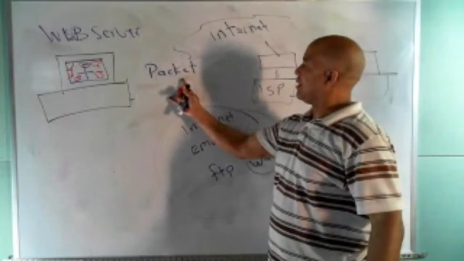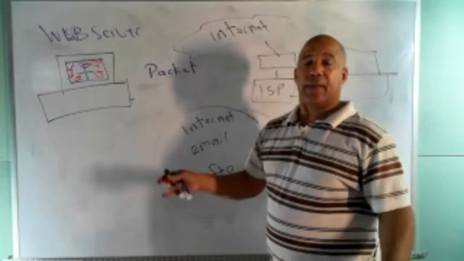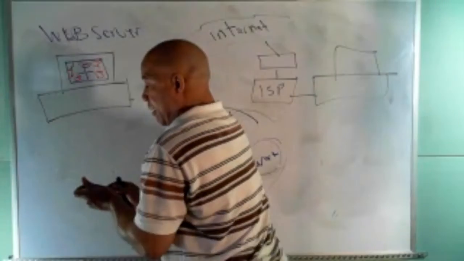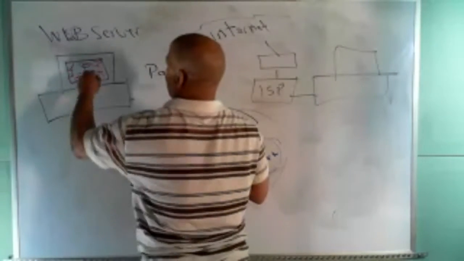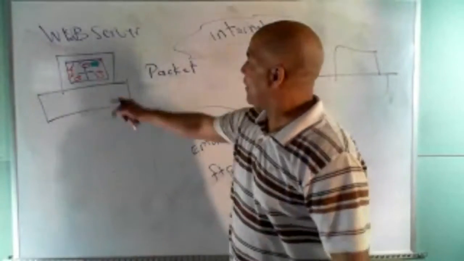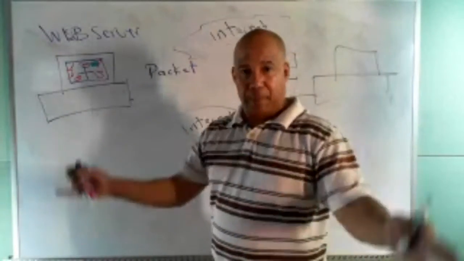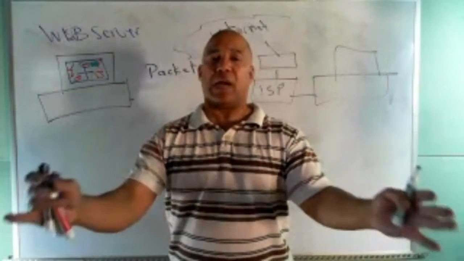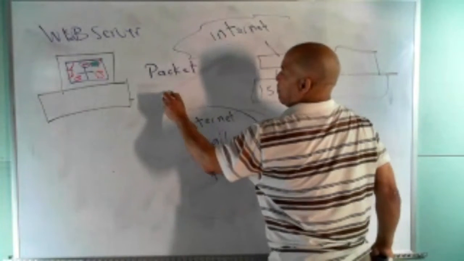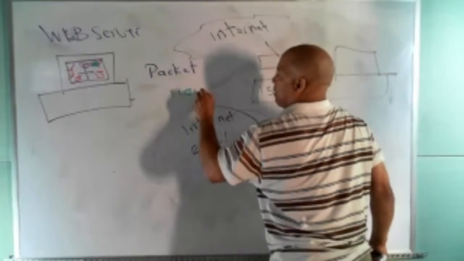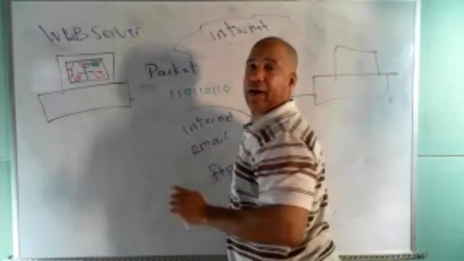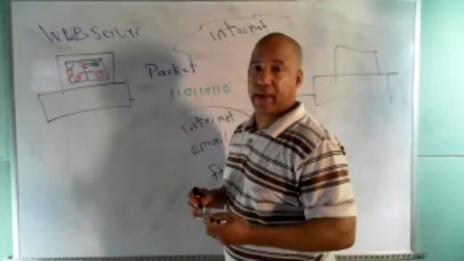And it's broken up using this idea of a packet. A packet is just a group of zeros and ones. So maybe this part of the web page, I'm coloring green, I don't know how big a packet is, I don't remember, but maybe that part right there represents one packet. A packet is a certain number of bits, a certain size. That packet will carry the bits, and these bits represent whatever information is in that little area I just colored in.